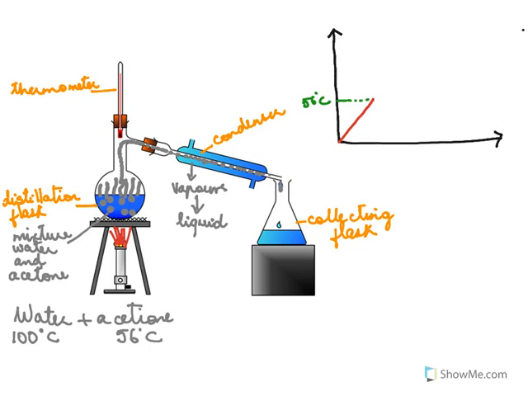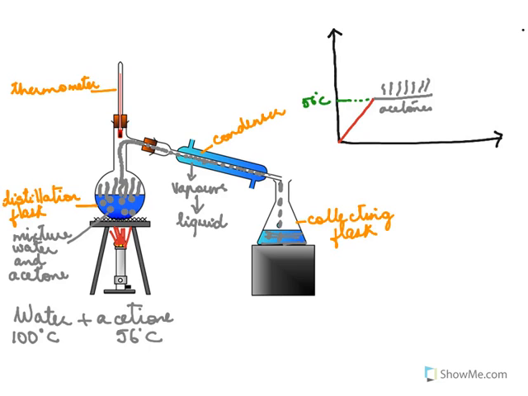Once the vapors turn into liquid, the acetone will drop down. All this happens at 56 degrees Celsius, so the temperature remains constant, because acetone is undergoing a change into the vapor state.